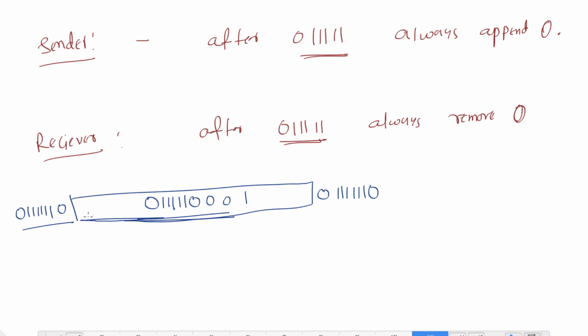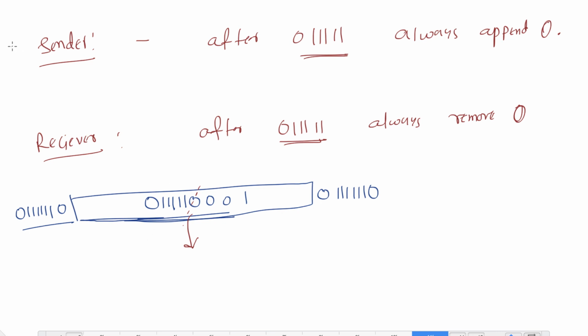Your data is not containing the flag. Then will this rule always be applicable, which means should I always append 0 after the 5 ones? See, if I send this data as it is, then at the receiver side the rule is that it always removes 0 after the 5 ones. So it is going to remove this 0 if I send this as it is, which is wrong, right? Because this 0 is a part of data.